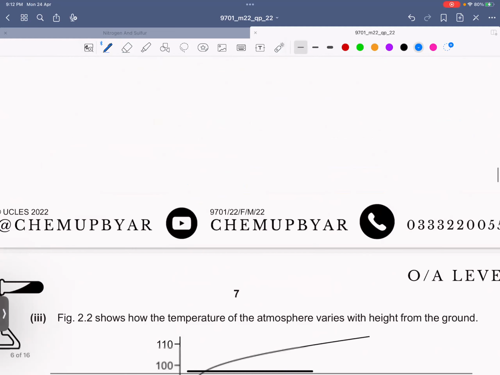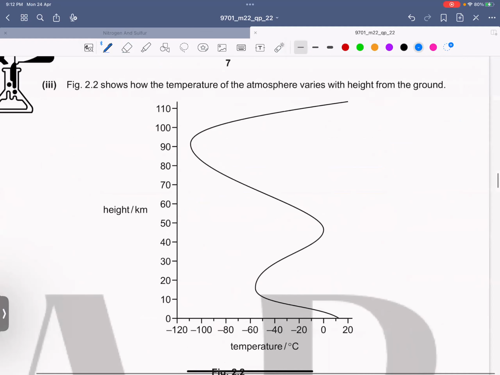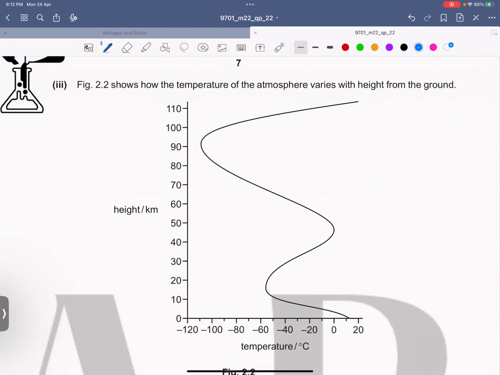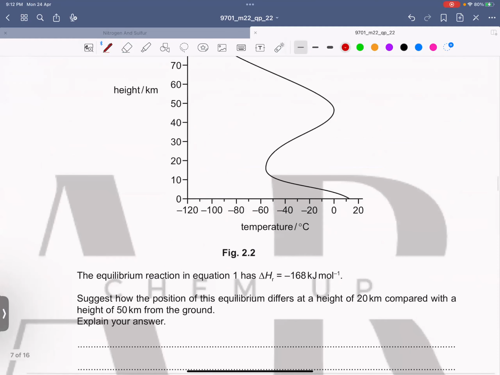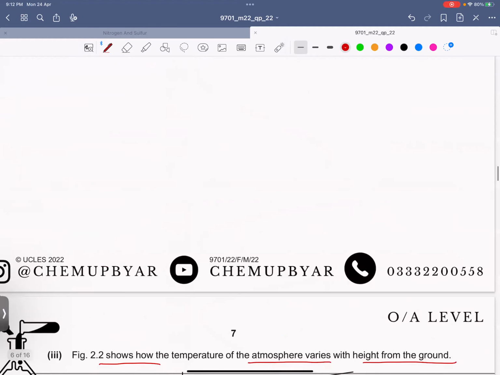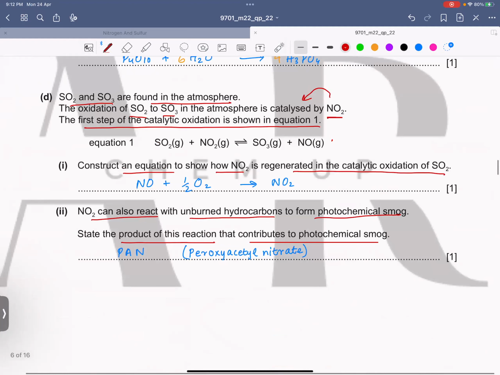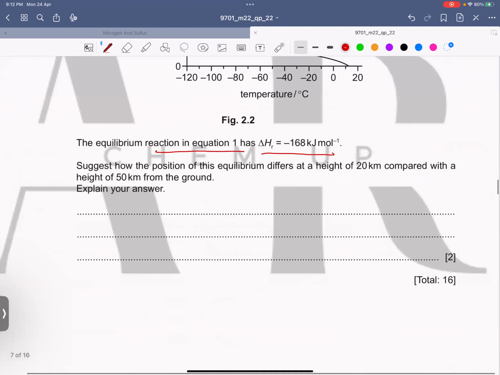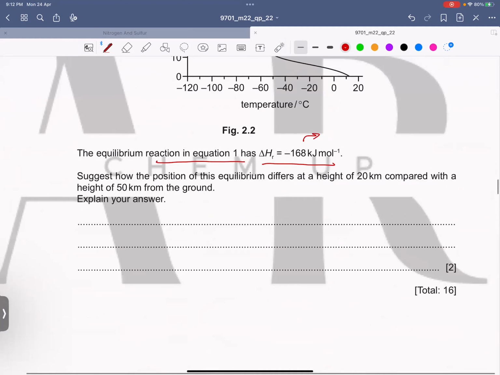Okay. Then have a look over here. Figure 2.2 shows how the temperature of the atmosphere varies with the height from the ground. The equilibrium reaction in equation 1 has an enthalpy change of minus 168, which means it's an exothermic reaction.